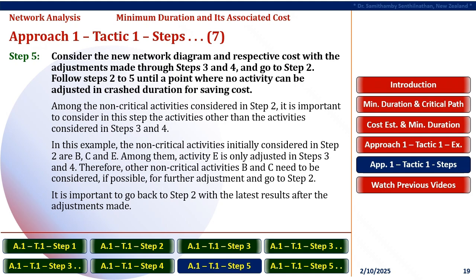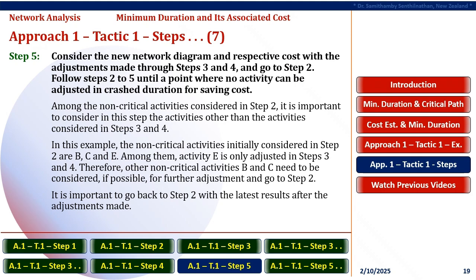Now apply Step 5, where we consider the new network diagram and respective cost, with the adjustments made through Steps 3 and 4, and go back to Step 2. Follow Steps 2 to 5 until a point where no activity can be adjusted in crash duration for saving cost. Among the non-critical activities considered in Step 2, it is important to consider in Step 5 the activities other than the activities considered in Steps 3 and 4.